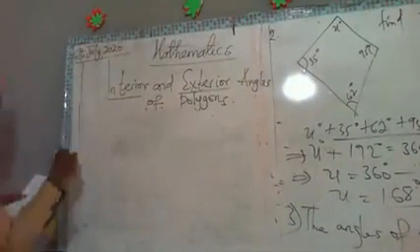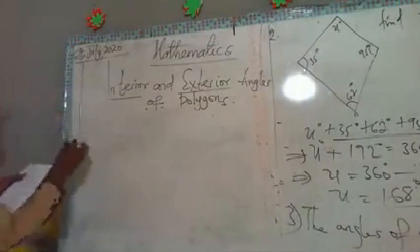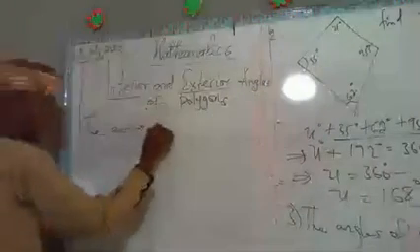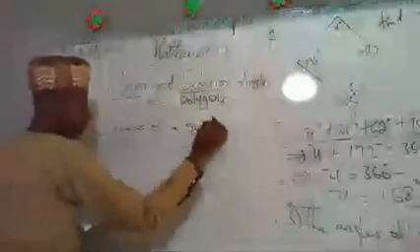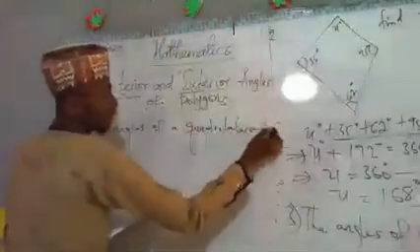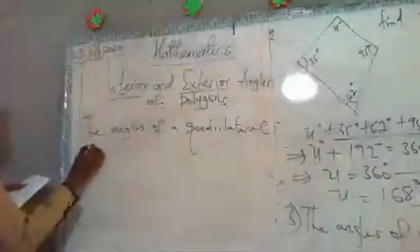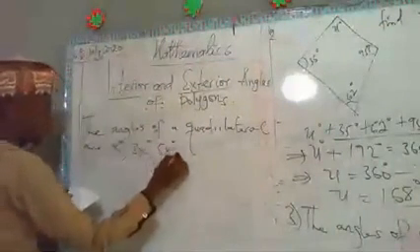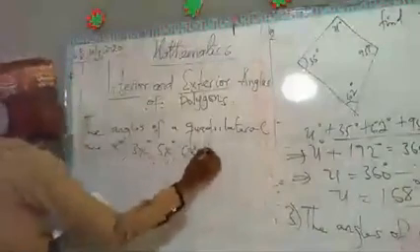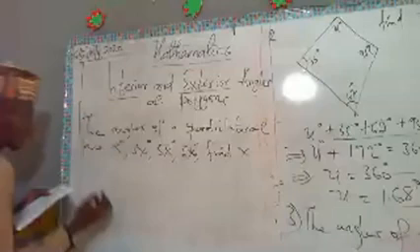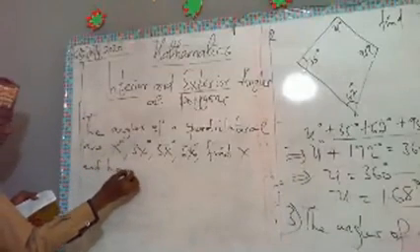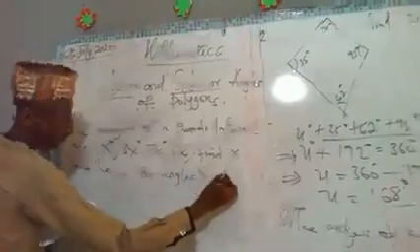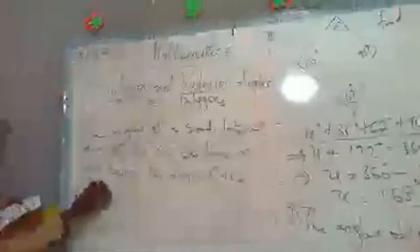The next one will be under other polygons. The angles of a quadrilateral are x degrees, 3x degrees, 5x degrees, 6x degrees. Find x, and hence the angles of the quadrilateral.